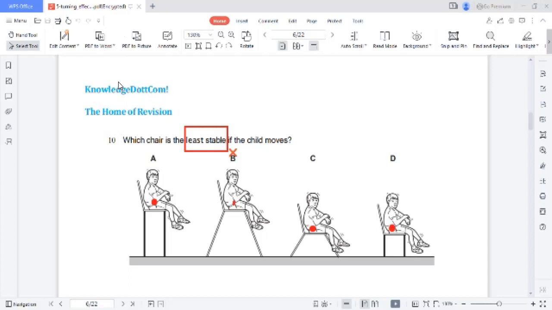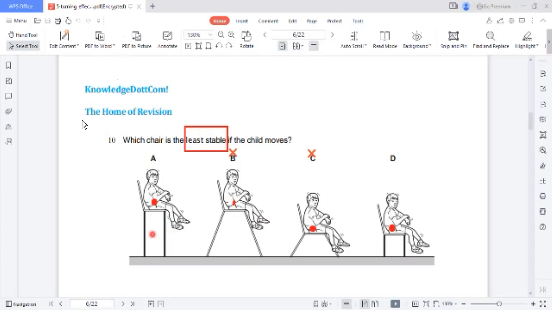This one is stable; it looks stable because its base area is large. And the question is about the least stable. Least stable are those which have a small base area. So A and B both have a small base area. So these two are possibly unstable.